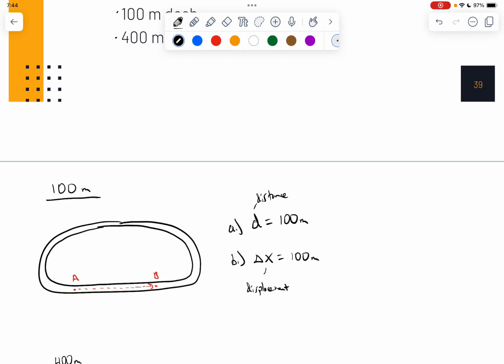That makes up what we would call the magnitude of our displacement. But in displacement, we have to have a direction associated with it. So maybe we say our sprinter is running 100 meters forwards, or maybe to the right. We have a couple different options for how we can describe the direction, but displacement, very important, does need to have a direction associated with it.